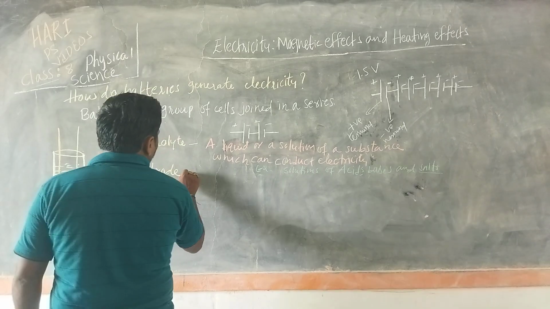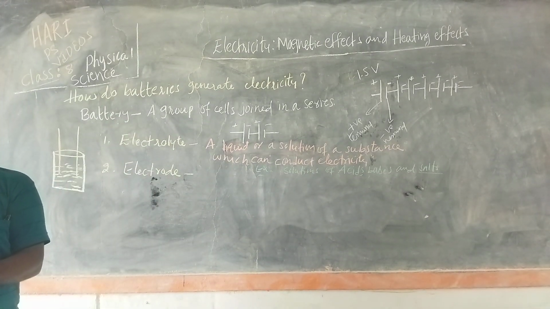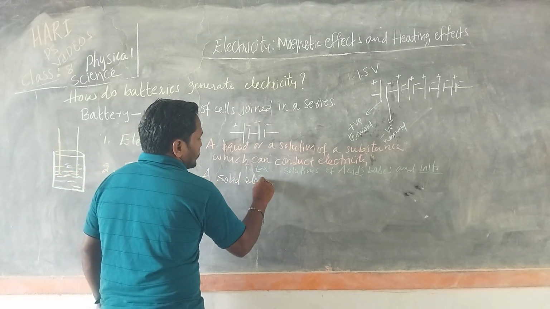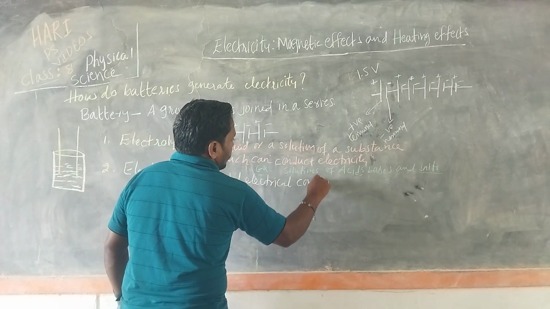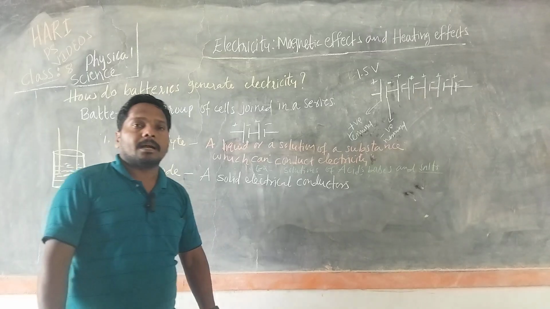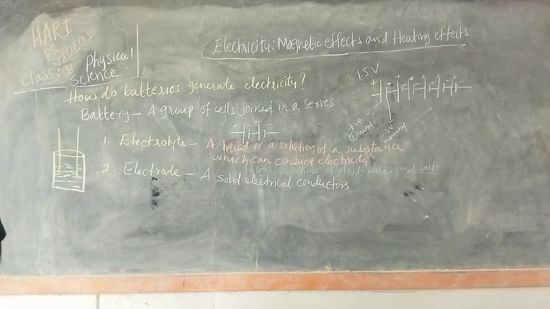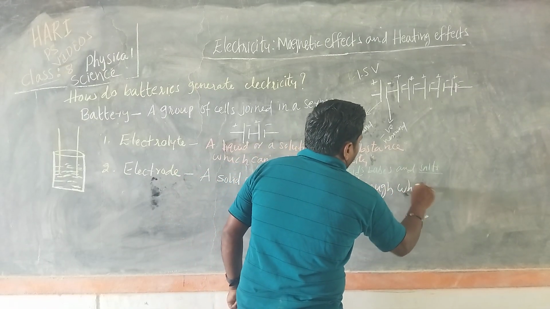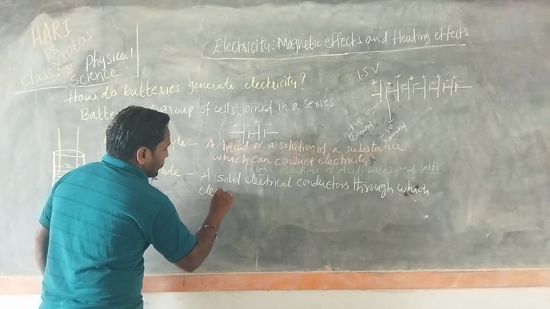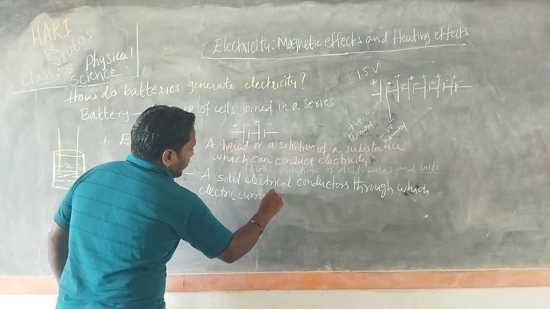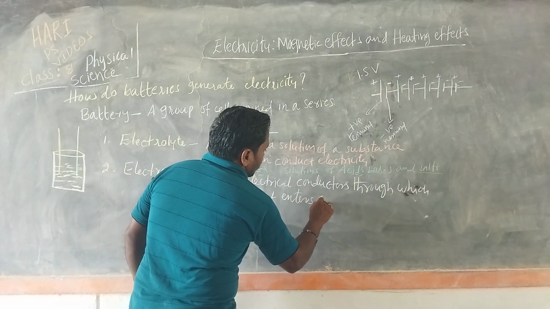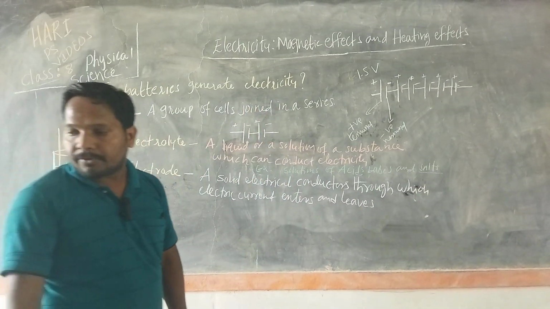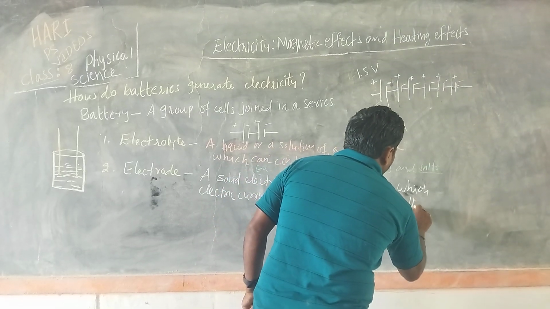Next one, electrode. Electrodes are metallic rods or a solid electrical conductor, electrical conductors through which electric current enters and leaves the electrolyte.